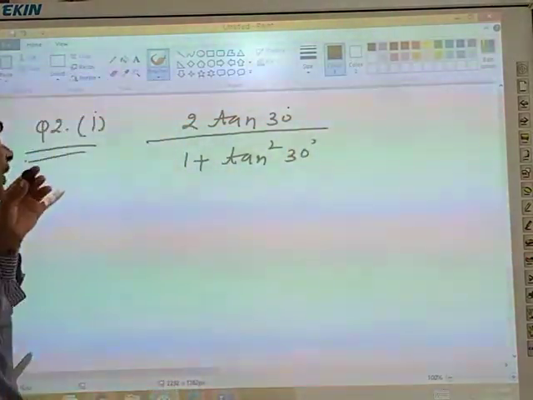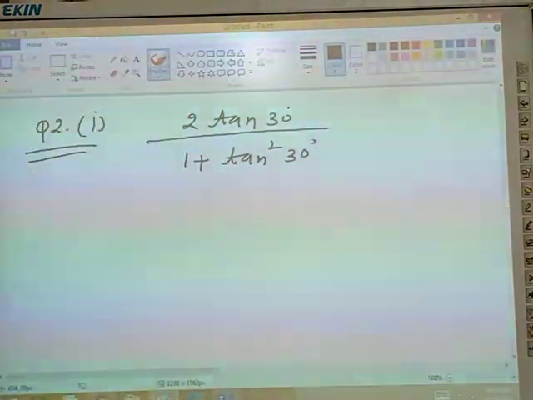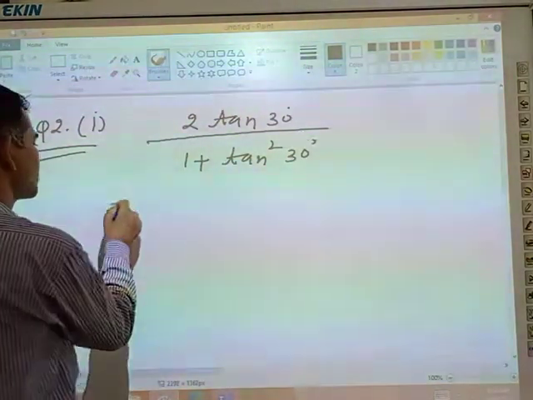Solve it and find which option is correct: A, B, C or D. Which option is correct? Now solve it.